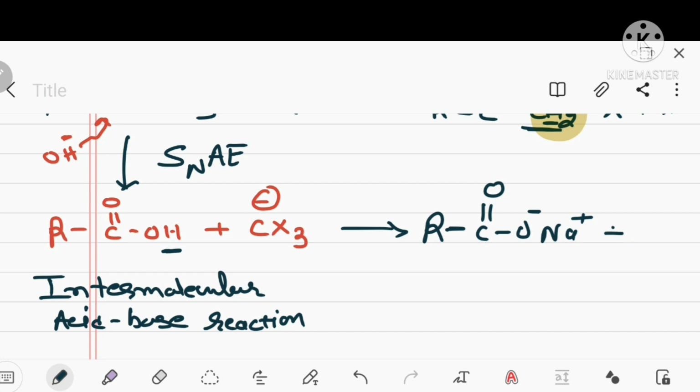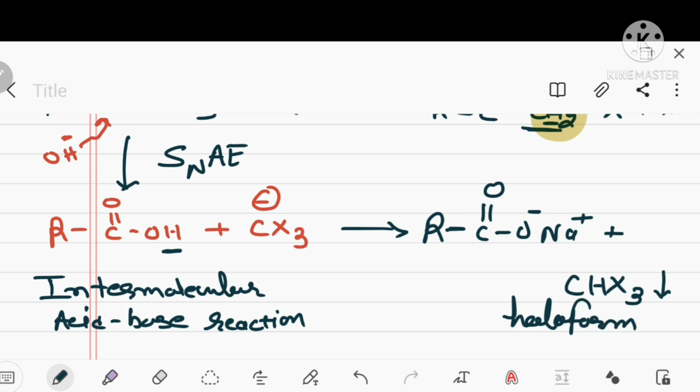Okay, and the other product, the haloform, is forming as this H is attaching with this species, so CHX3. If iodine is the halogen, then it is iodoform, right, and a yellow precipitate is shown. Okay, so it is our haloform.